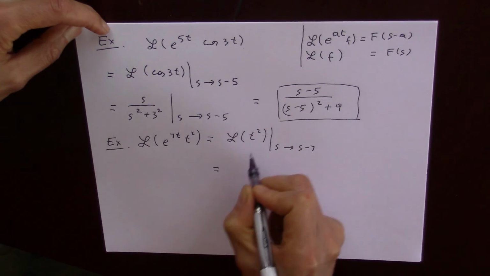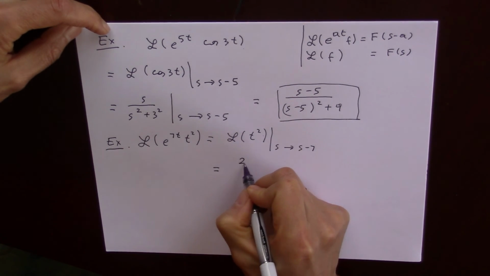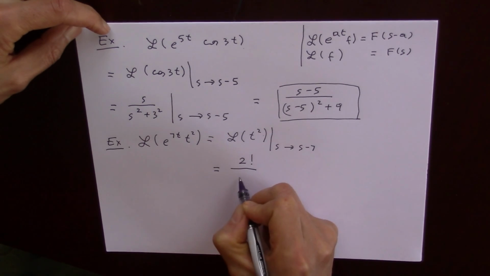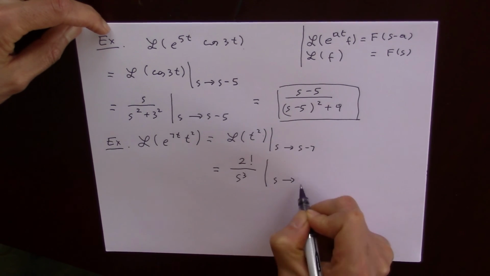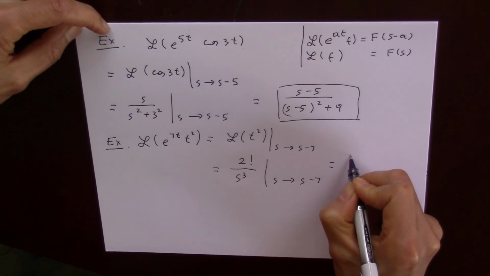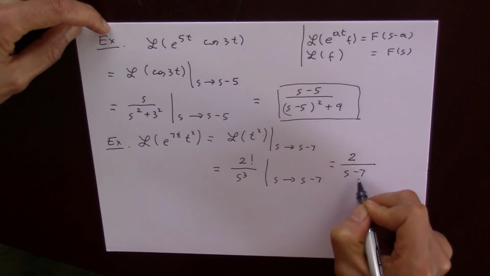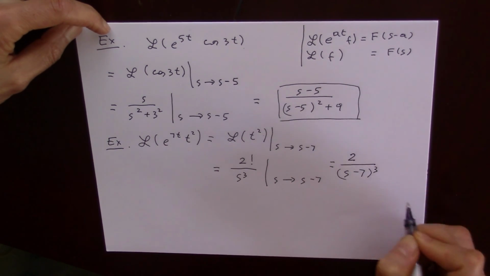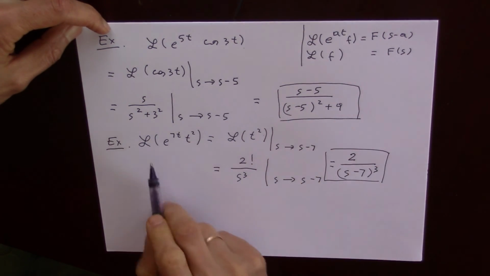Recall the Laplace transform of t squared is 2 factorial over s cubed. Then we need to change s into s minus 7. So we're going to get 2 factorial, which is 2, over (s minus 7) cubed. So that is going to be the final answer for the Laplace transform of e to the 7t times t squared.